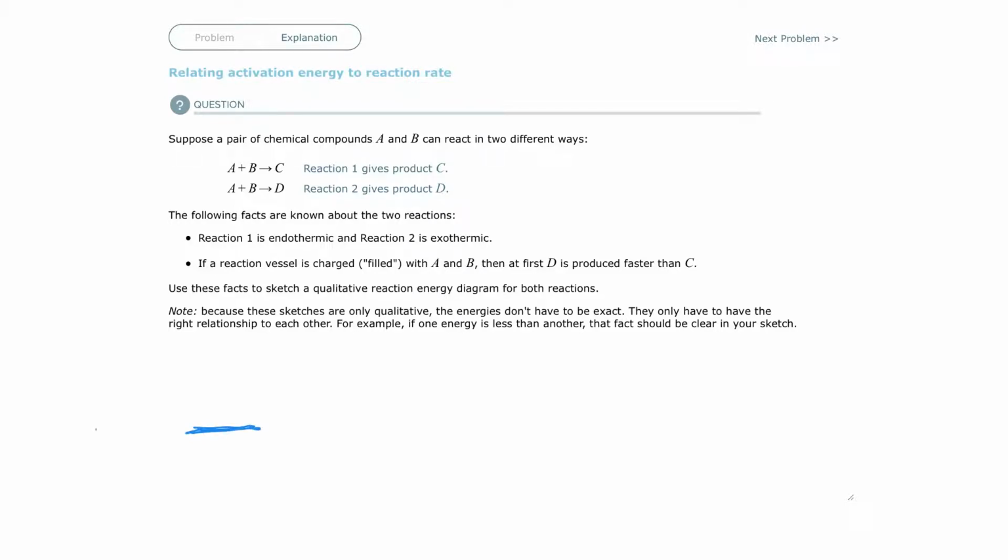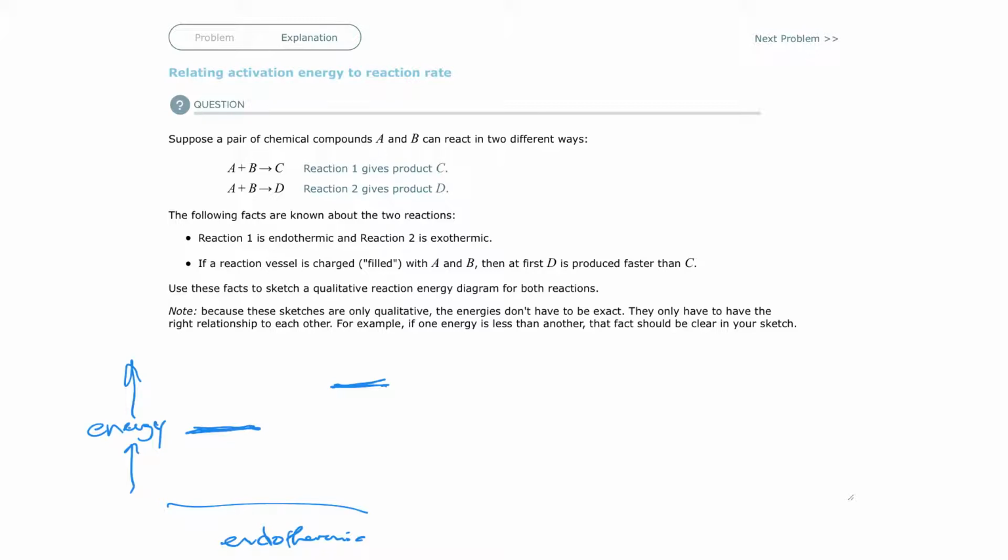Okay, so energy would be going up here like this. So this is some energy level, and then it's endothermic. That means the products are going to have more energy than the reactants. Okay, so this is endothermic. More energy in the products, less energy in the reactants.